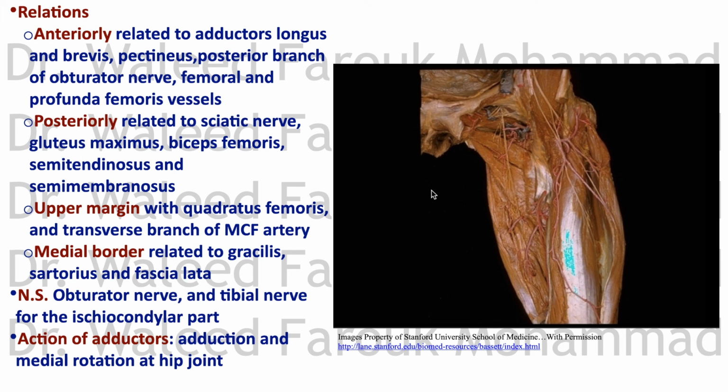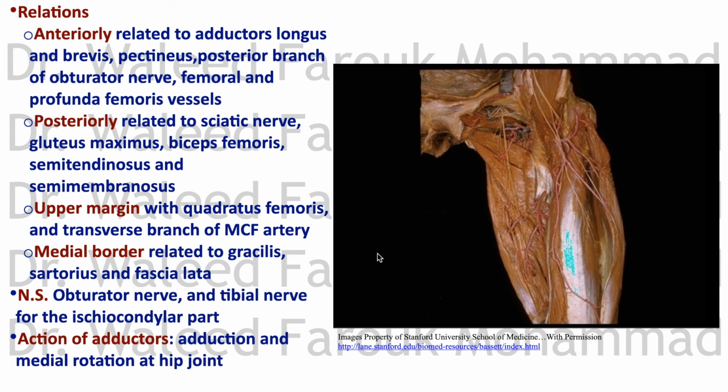The upper margin of the muscle is with quadratus femoris, and between both are the branches of the medial circumflex femoral artery. The medial border of the muscle is related to the gracilis muscle, sartorius, and fasciae latae.